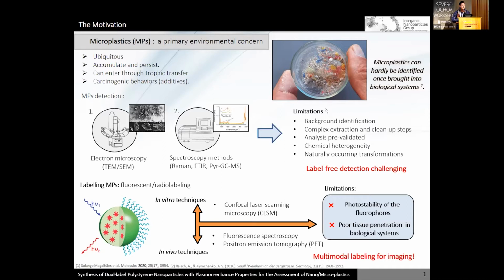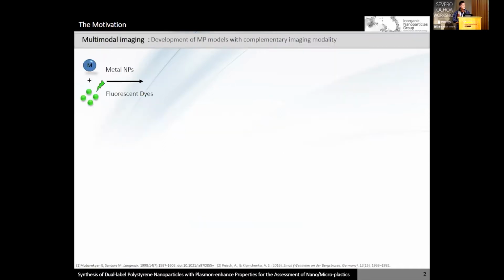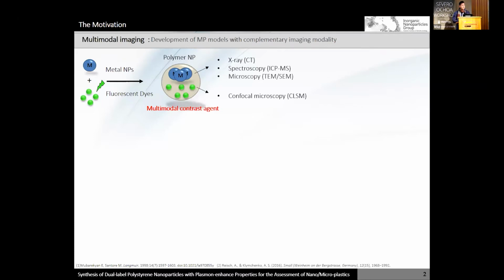So a multimodal labeling for imaging would be really interesting. By multimodal imaging, I mean building a polymeric model comprising labels for different imaging modalities. For instance, we can combine a metal with fluorescent molecules to build a multimodal contrast agent, which will help us detect the microplastic by X-ray imaging because of the metal, and additionally by elemental analysis by ICP-MS.